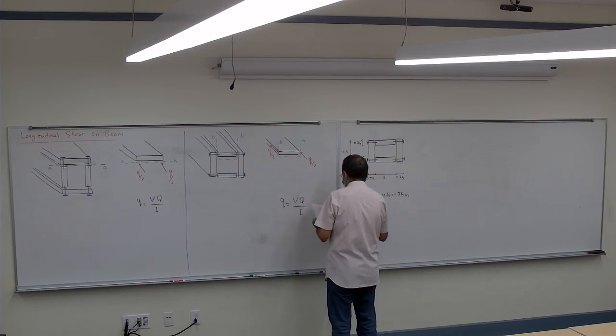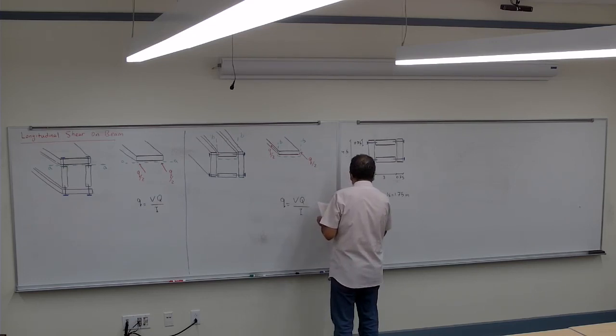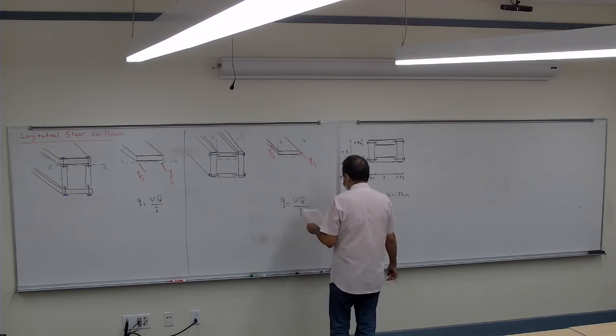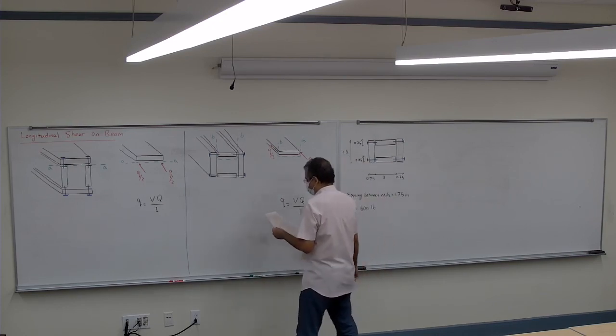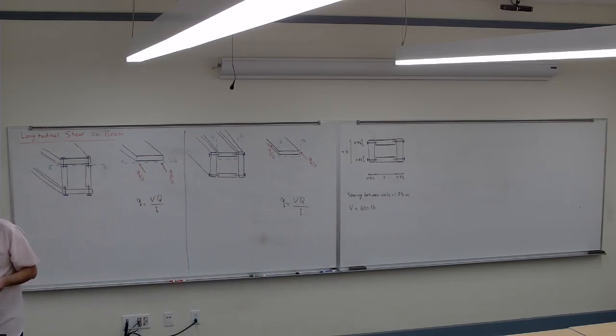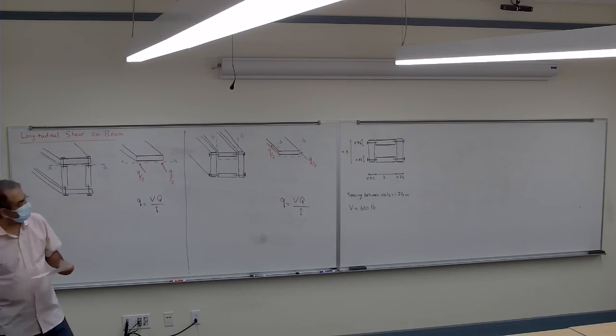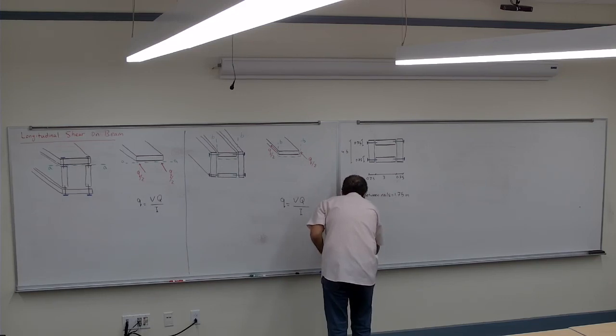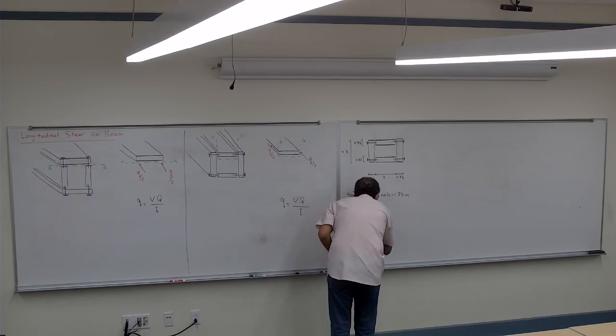The shear in the cross section is 600 pounds. So we want to know what's the shear force on each nail.